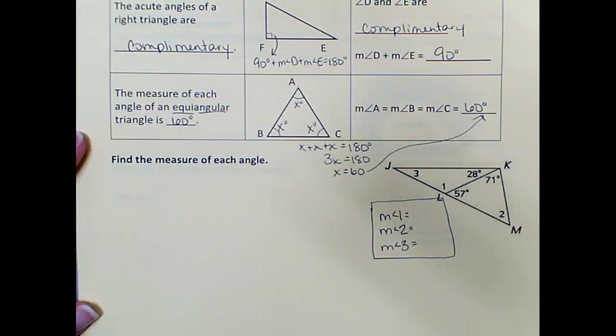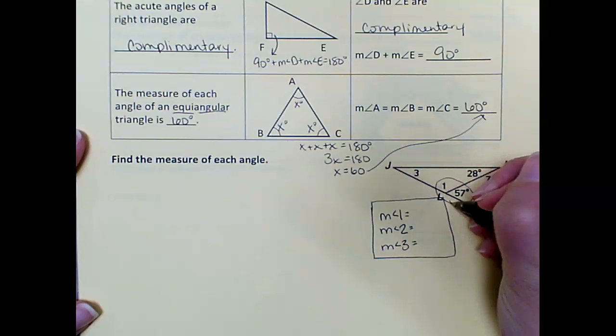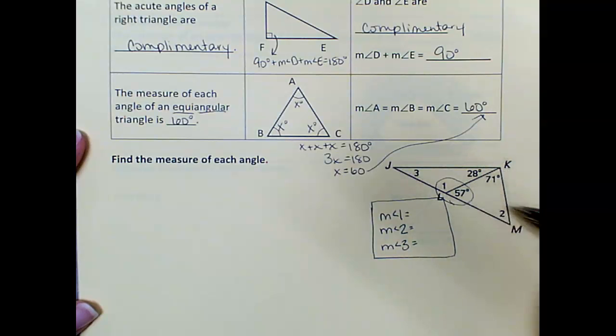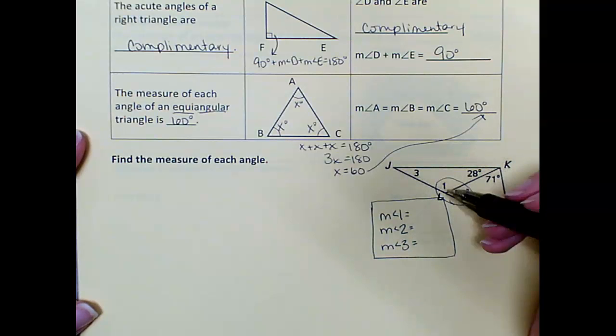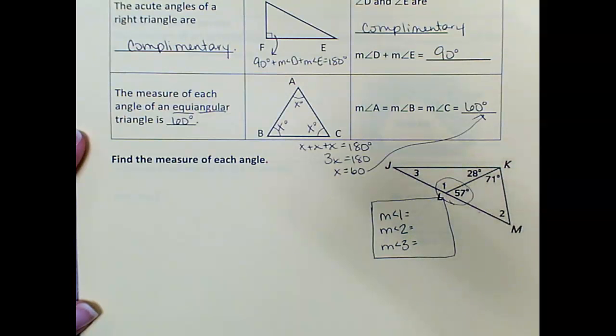So let's look at angle 1, because it's the first one. I notice that angle 1 and this 57 degree angle, angle KLM, this one right here, are together and they create a line and they are adjacent. So that means that these are a linear pair.